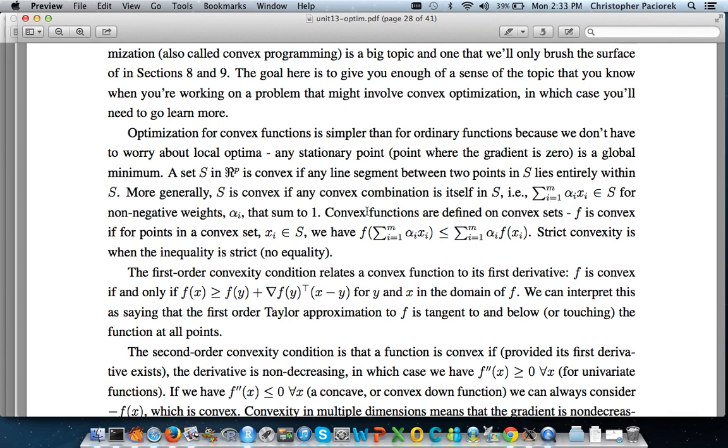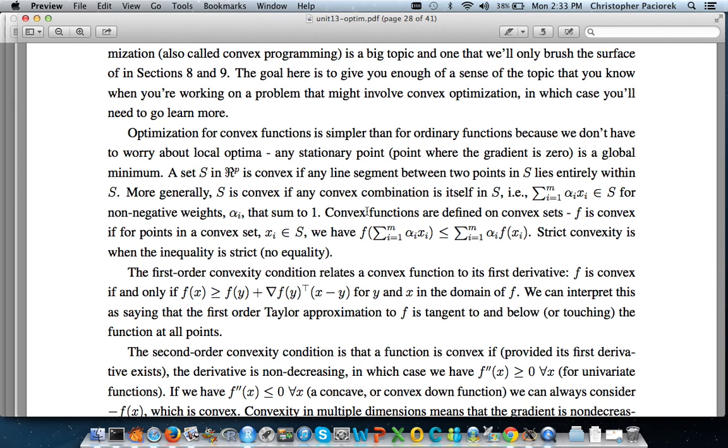Another way of thinking about it is that the tangent line at any given point is always below, or at that point equal to, the function. And the other is that the second derivative is always increasing. So in the one-dimensional case, f double prime of x is always greater than 0, and in the higher-dimensional case, the Hessian is positive definite. Basically, the second derivative in any direction is increasing. That's what positive definiteness means.